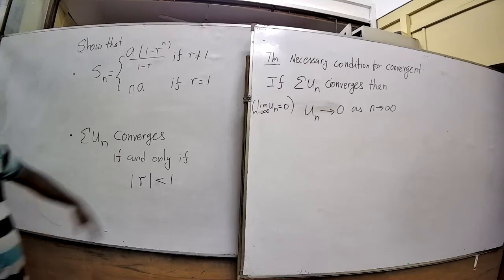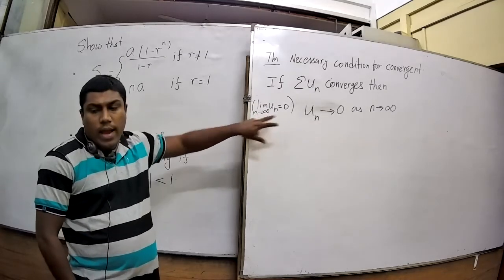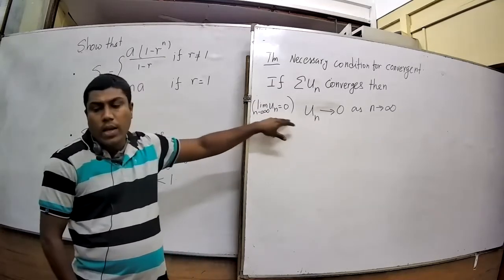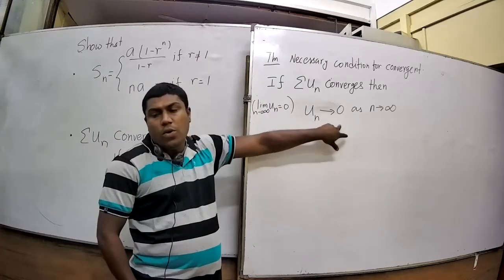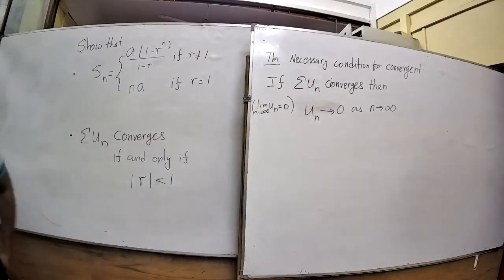So instead of writing limit of un equals 0 as n goes to infinity, we can write it like this also: un tends to 0 as n tends to infinity. This arrow reads as goes to or tends to. So that's the notation we will follow. Okay, so let's prove this.